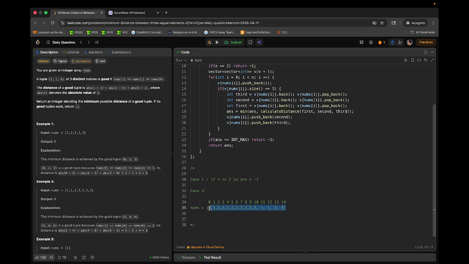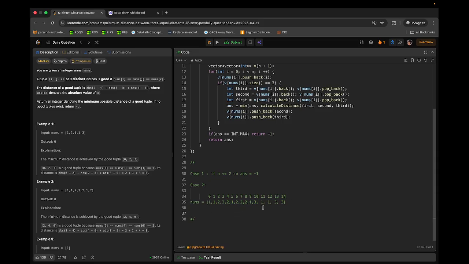So these are the indexes of these elements. We can try to group all the indexes that are for a particular element. If we take 1, the number 1 occurs at index 0, 1, 5, 9, 11, and 12. So 1 occurs at these 6 indexes.